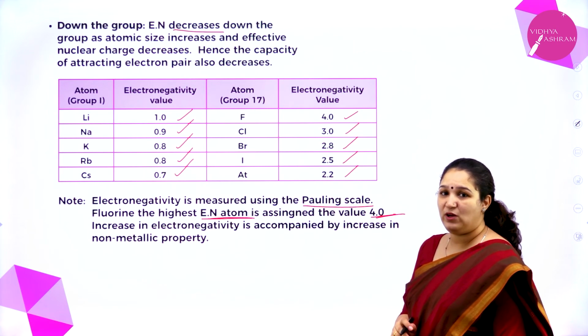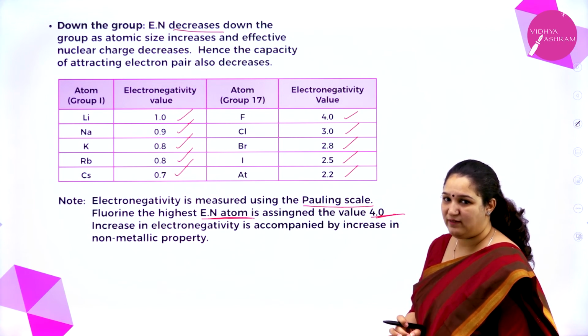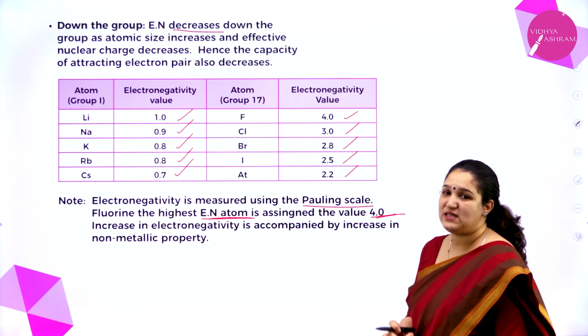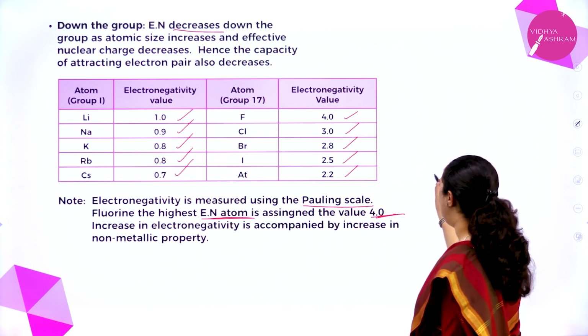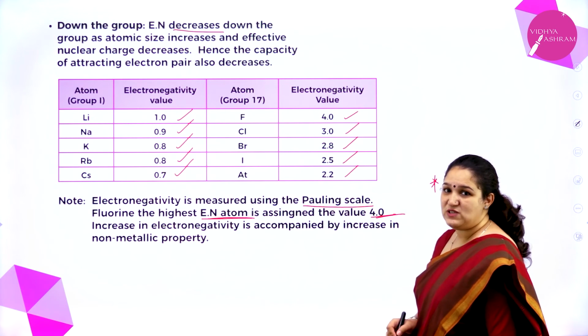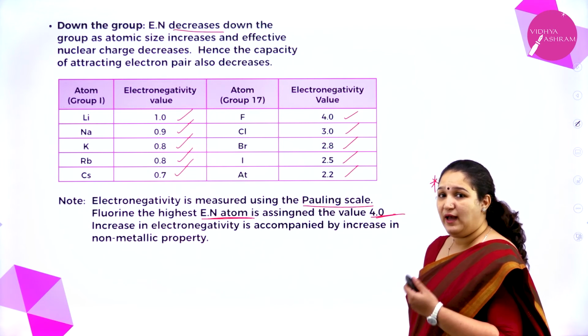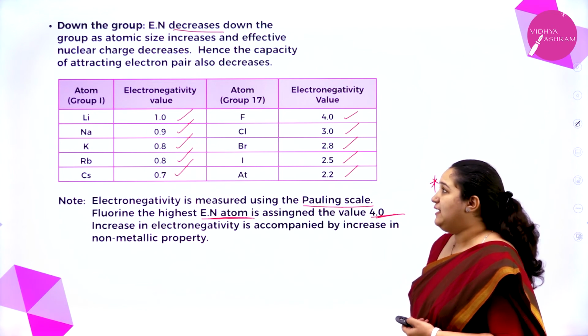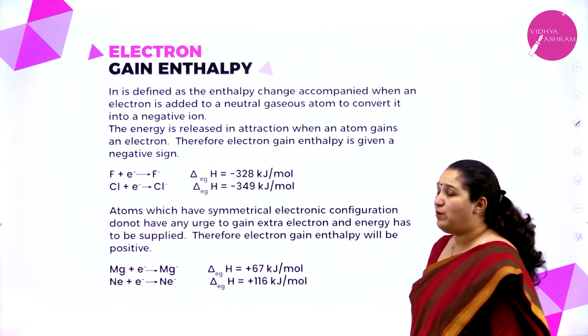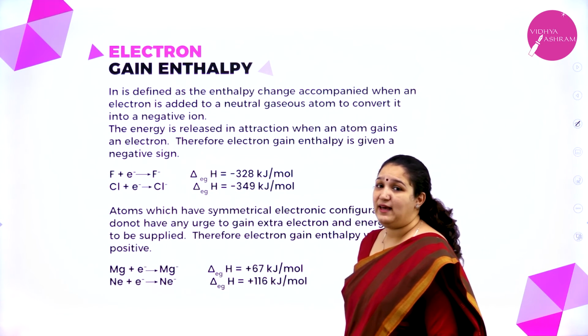In the entire periodic table, the most electronegative atom is fluorine, which has the value 4. It is very important for you all to know this for 1 mark question. That's about electronegativity.